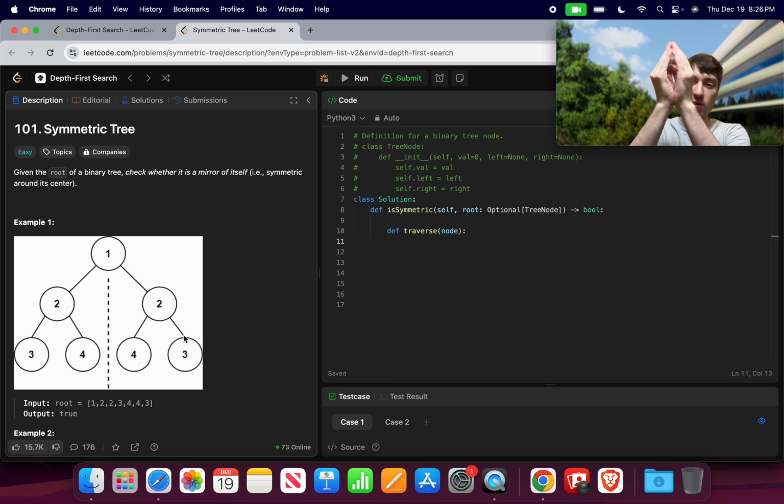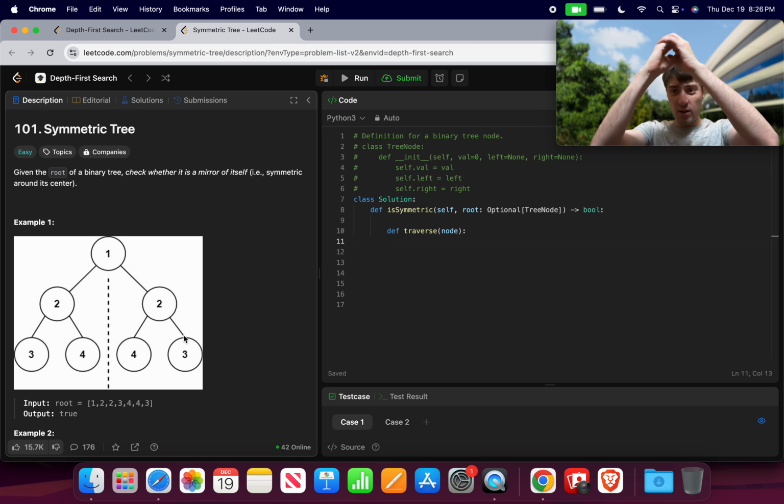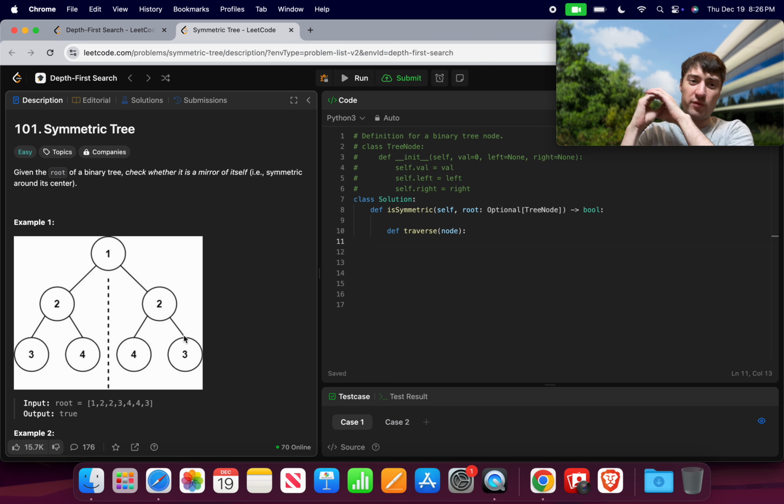So, okay, I'm at the root node. Now, I have different logic for the left graph and different logic for the right graph. On the node, I will go right for the right graph, left for the left graph, and then check, are these the same thing? If no, then I say it's false. It is not symmetric.